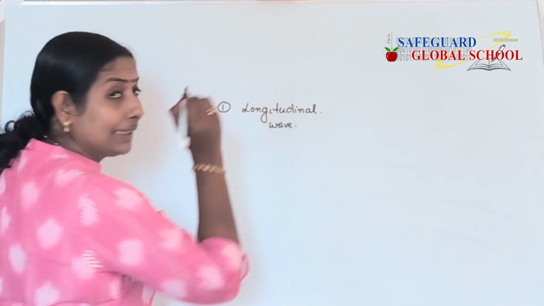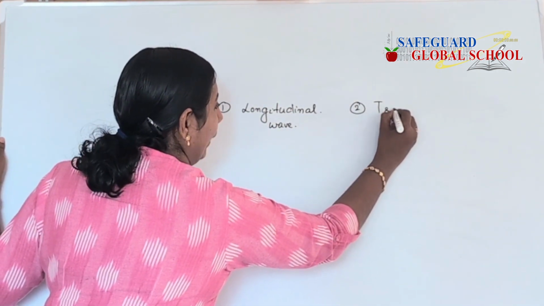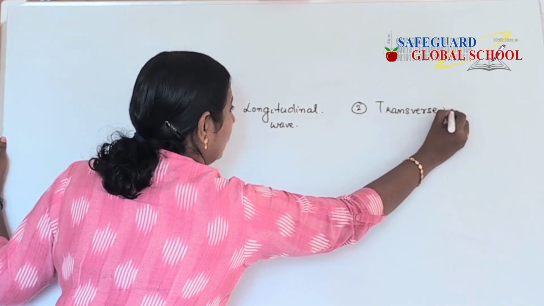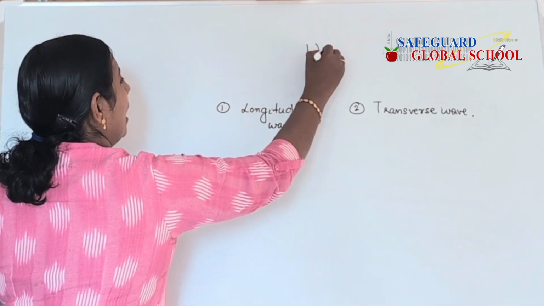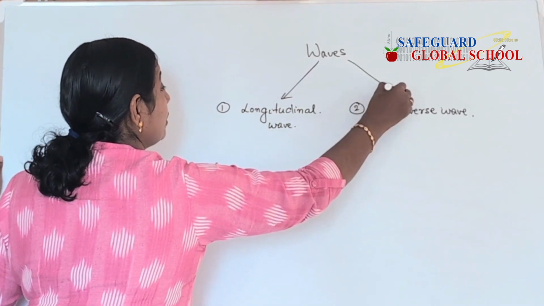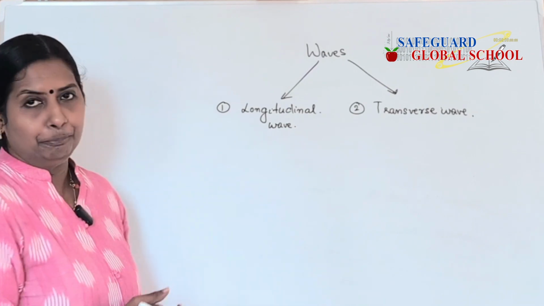And the second category is called the transverse wave. On what basis are these types of waves categorized? It is categorized based on the vibrations that they create in a medium.